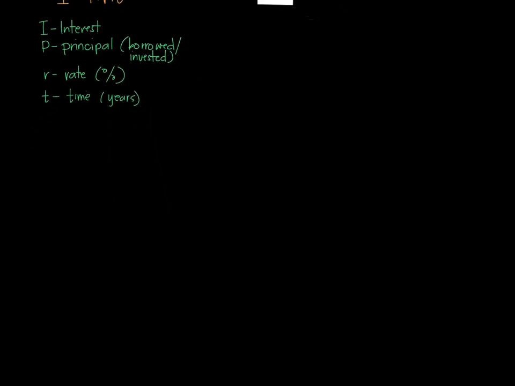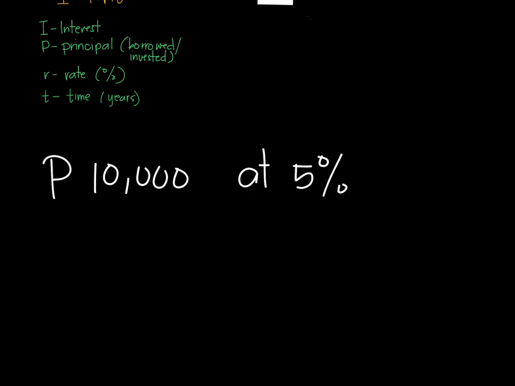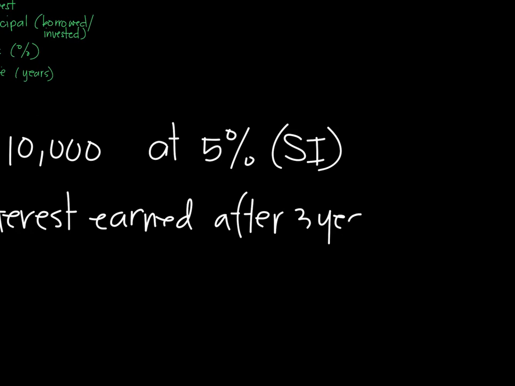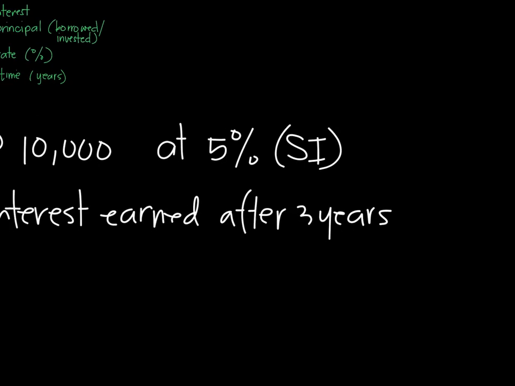So example would be, suppose an amount of 10,000 was invested at say 5% simple interest, so SI. We want to find the interest earned after 3 years.